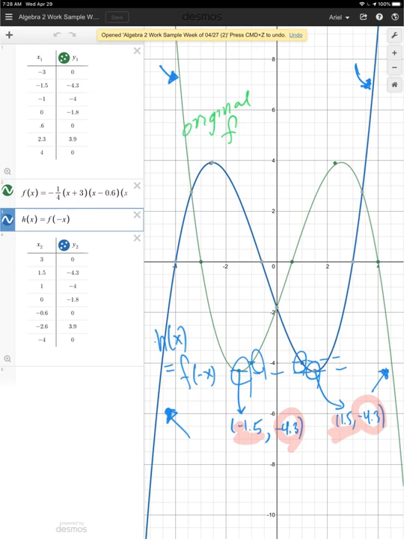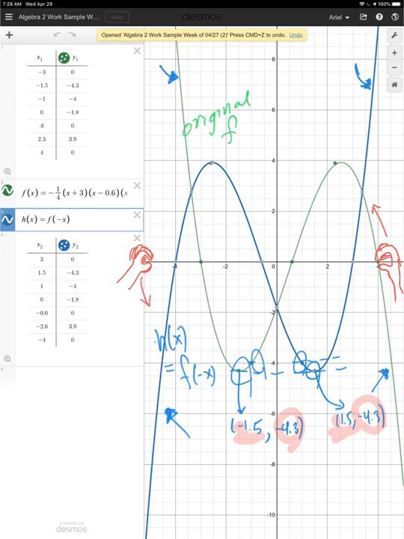So think of reflecting across the y-axis as, let me draw, this is your hand. Let's say you're holding the x-axis like this, and then imagine pushing this end backwards and pulling this end towards you.